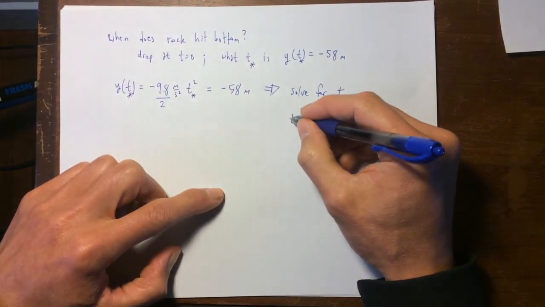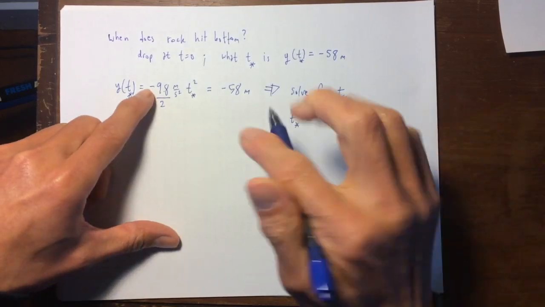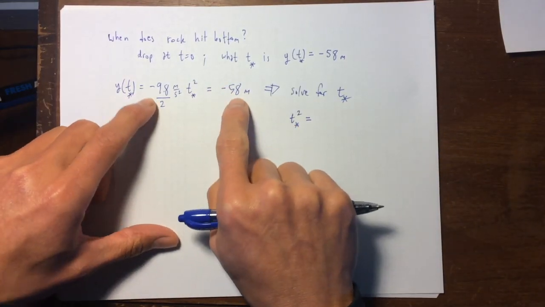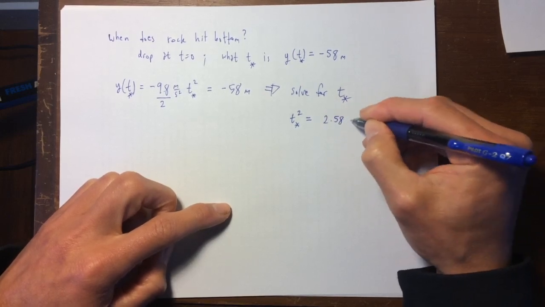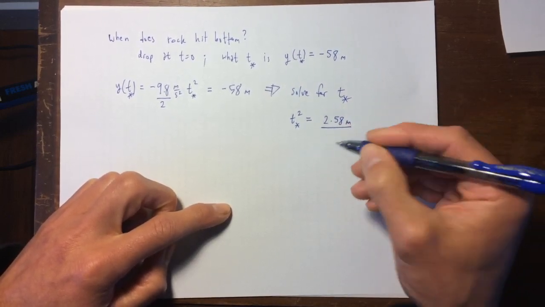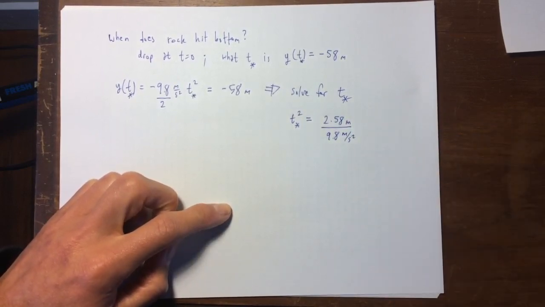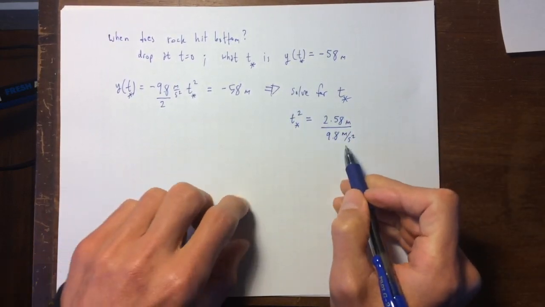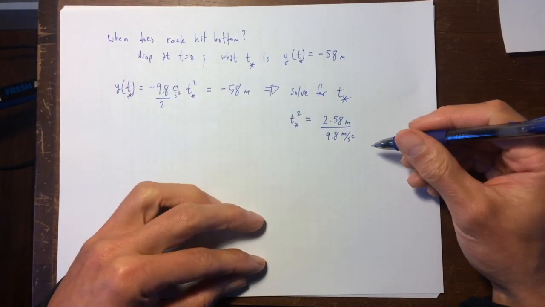So you can see that t star squared equals, so the minus signs cancel, 2 times 58 over 9.8, so 2 times 58 meters divided by 9.8 meters per second squared. That's what t star squared is. You could fill in the algebra gap if you want.